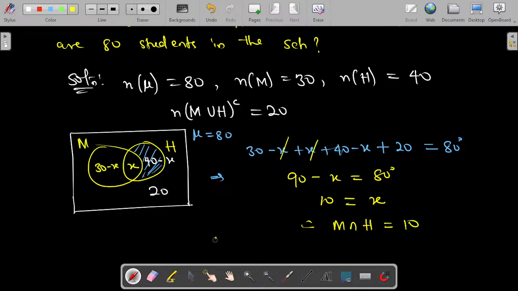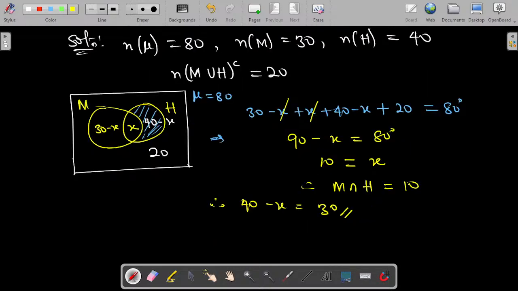Therefore, the number of students that offer history but not music is 40 minus x, which is equal to 40 minus 10, and that is 30. So 30 is the value of what we are looking for.